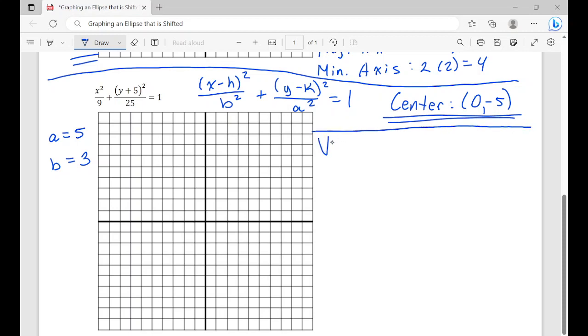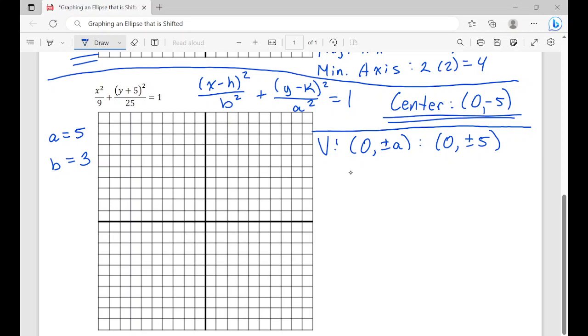Now we're going to find the vertices, which, when centered at 0, is 0, comma, plus or minus a. And since we know a is 5, very easy, we can see that it should be, if centered at 0, plus or minus 5. But again, the ellipse has been shifted because the center is no longer 0, 0, it's at 0, negative 5.